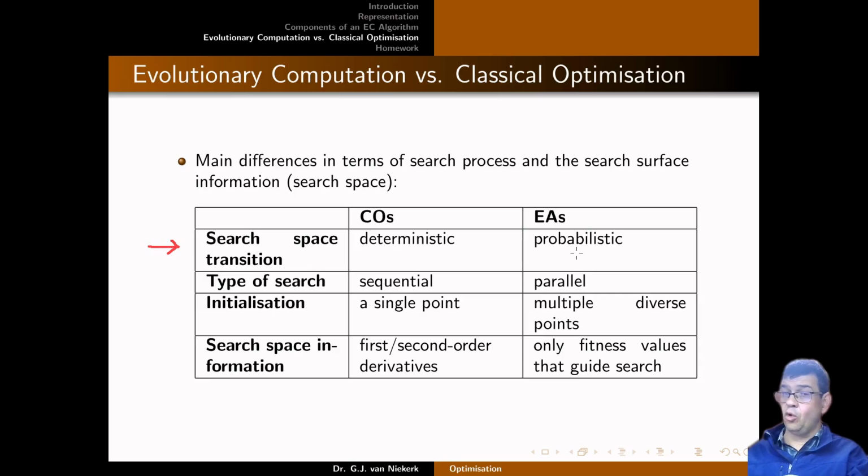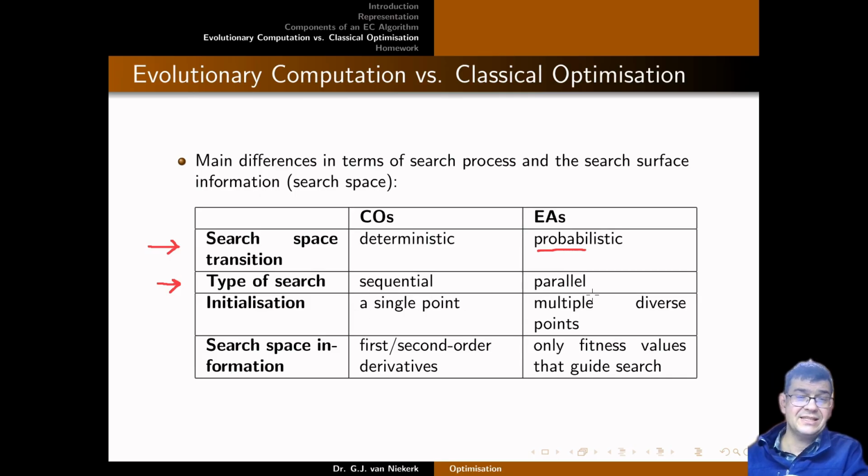With EAs, it's all probabilistic. You don't know how the changes are going to be. It might change in one direction, it might change in another, but it's not deterministic. The type of search is also different. So for COs, classical optimization, it's sequential. You make progress, you move on to the next part of the problem, and you make progress in that way.